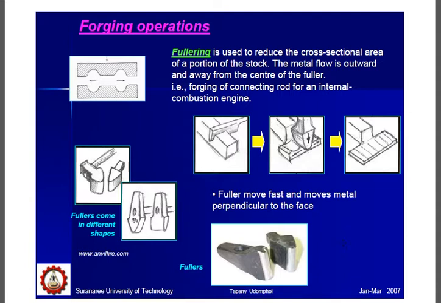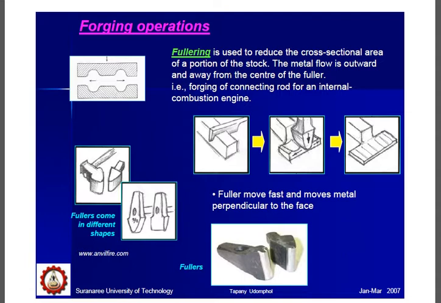Now this slide is fullering. It is used to reduce the cross-section area of a portion of the stock. The metal flows outward and away from the center of the fuller. Example, forging of a connecting rod for the internal combustion engine.